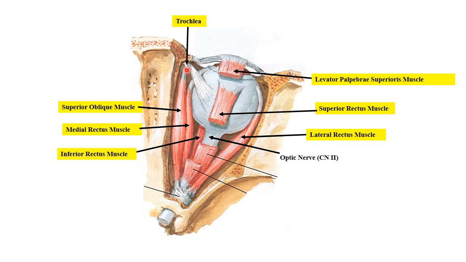And the word for pulley in Latin or Greek, I don't remember which one, who cares, one of those two dead languages, is trochlea. Trochlea means pulley. And the superior oblique is going to pass through the trochlea, this pulley, and that's how its tendon changes directions, by passing through that little pulley.